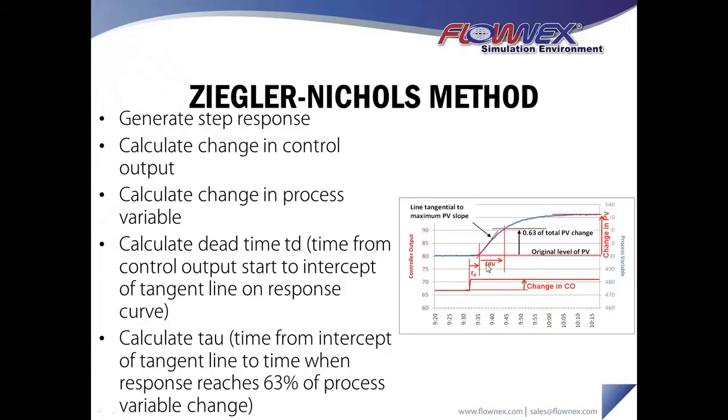Then you calculate tau, which is the difference between this time intercept and the time where your process variable reaches 63% of the final value.